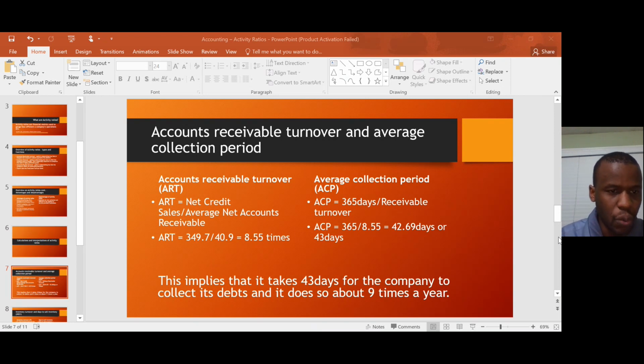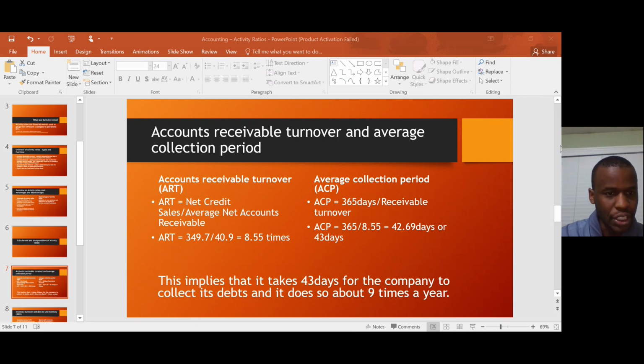The first one, which they wanted, was the accounts receivable turnover and average collection period. So to calculate that, we got the net credit sales, divided it by the average net accounts receivable. But for this particular company, there was nothing indicative of the credit sales which had taken place during this period.